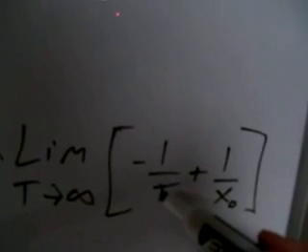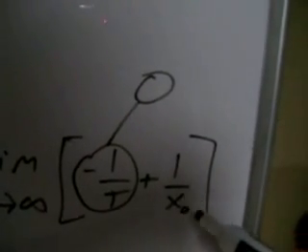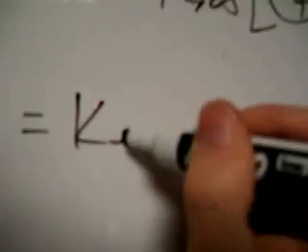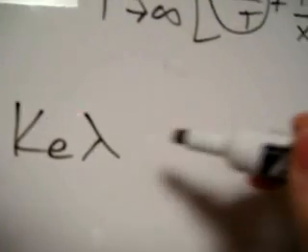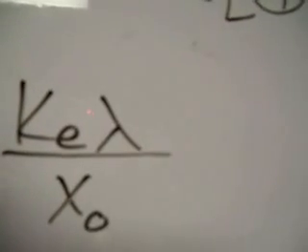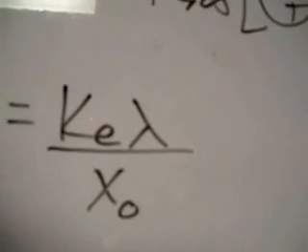So the limit here, if t is going to infinity, then this whole thing is just going to be 0. So the limit ends up equaling 1 over x naught. So basically, we're taking the constants here and multiplying it by that limit, which is 1 over x naught, so it's just over x naught, right like that.